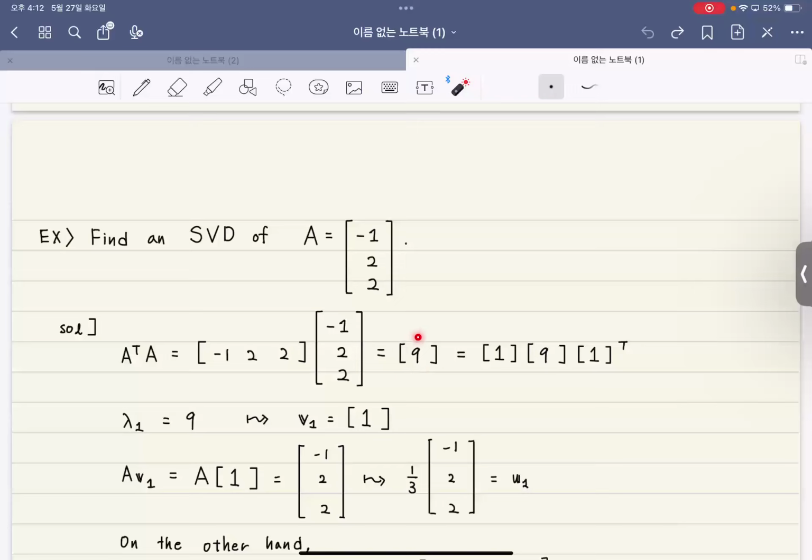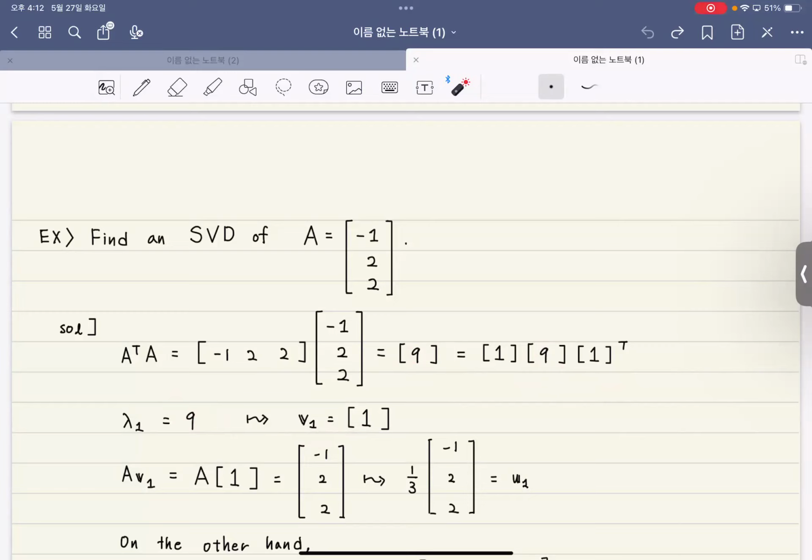And what do you think is the orthogonal diagonalization of this matrix? It's just 1 times 9 times 1. Okay. So this vector 1 is just an eigenvector of eigenvalue 9. So this guy has eigenvalue 9 with eigenvector 1. Very silly, right?